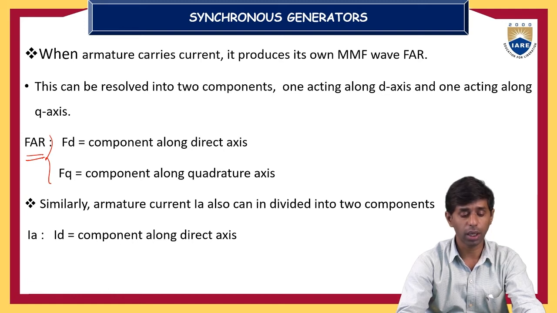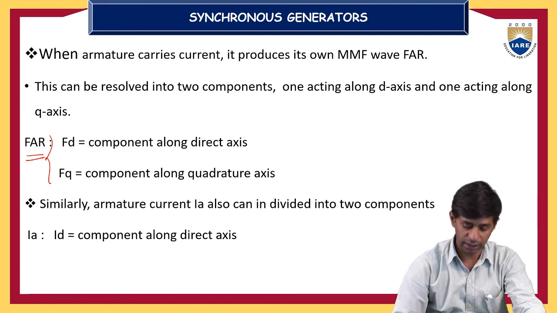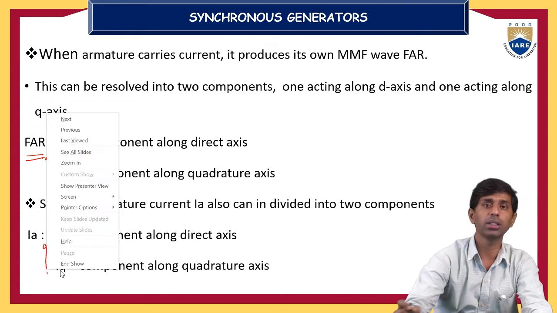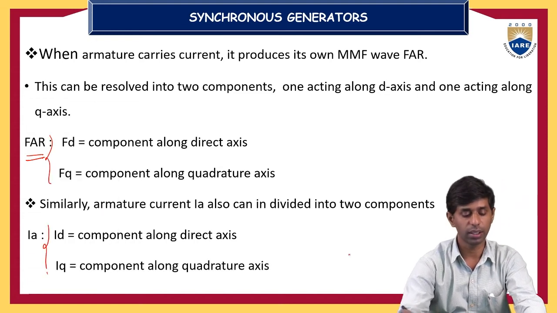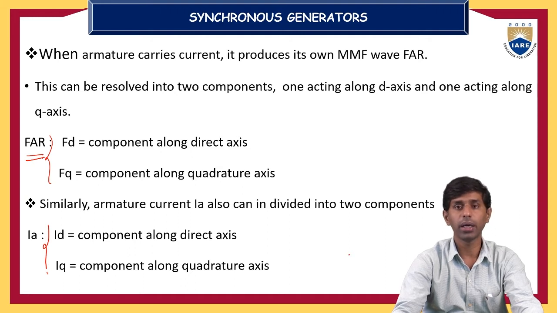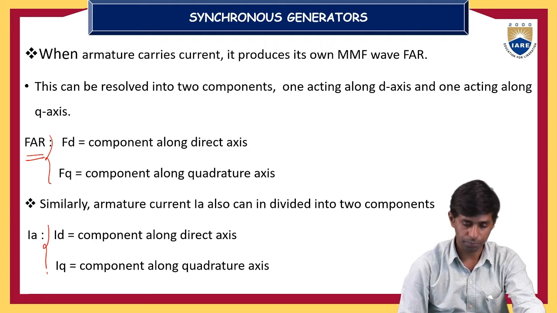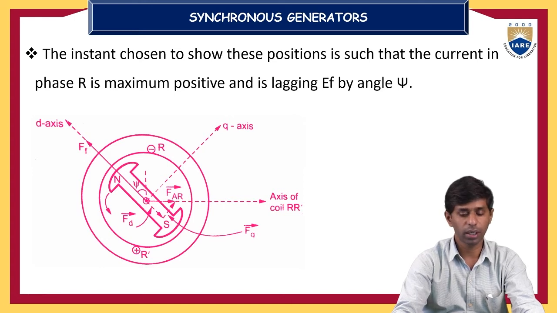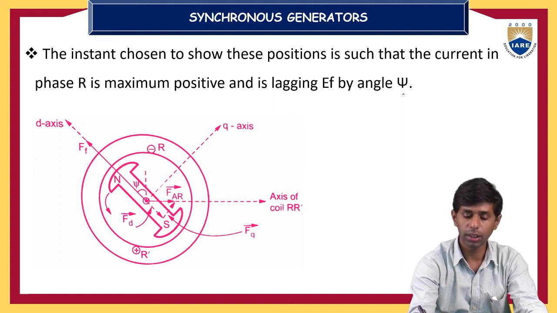Similarly, the armature current is also along the D axis and the Q axis: ID is the armature current along the direct axis, and IQ is the armature current along the quadrature axis. The instant chosen to show these positions is such that the current in phase R is maximum positive and is lagging EF by an angle called psi.